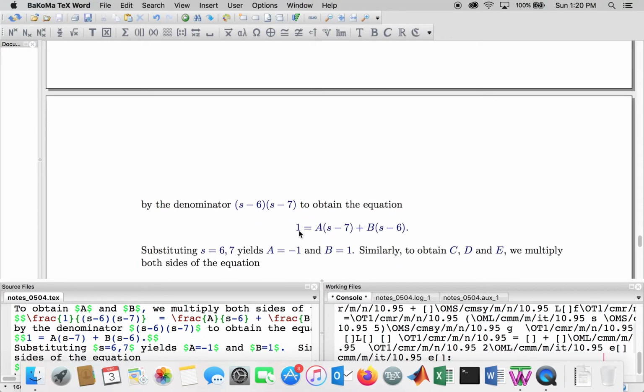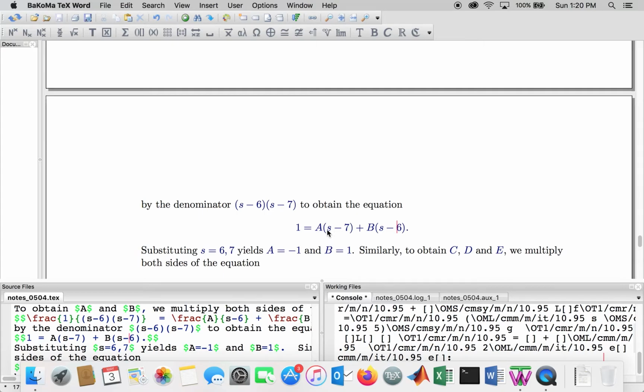And we get the numerator from before, and then a times whatever it's not underneath it, plus b times whatever it's not underneath it. Again, we have two convenient values of s that we can substitute, 6 and 7. So if I substitute s equals 6, this goes away, and I have 1 is equal to a times minus 1, so a is minus 1.